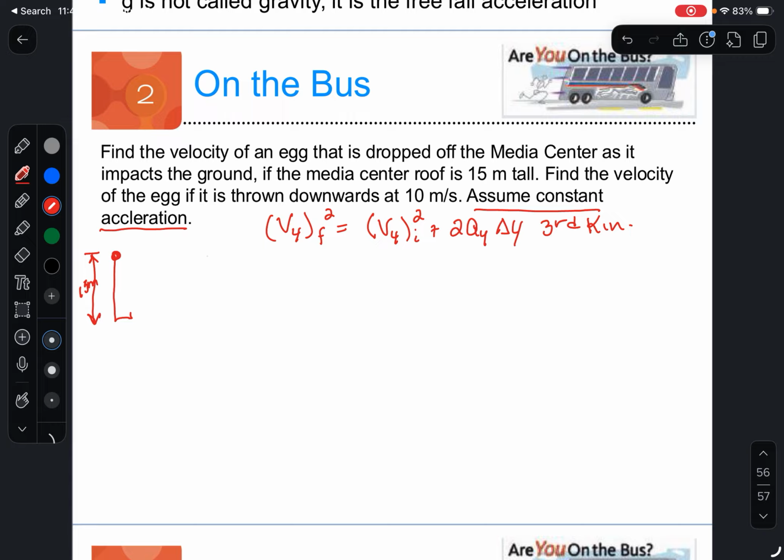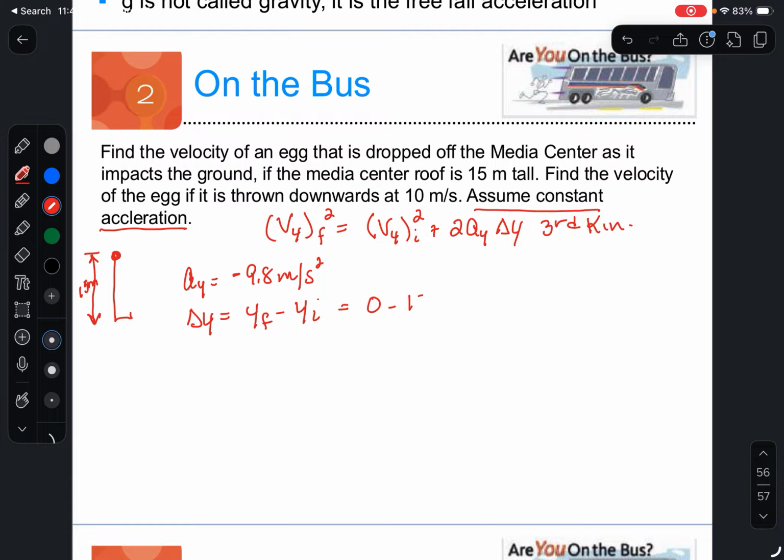So we know that ay equals negative 9.8 meters per second squared. Delta y is going to equal y final minus y initial. Well, finally, it lands on the ground, so our final is 0.